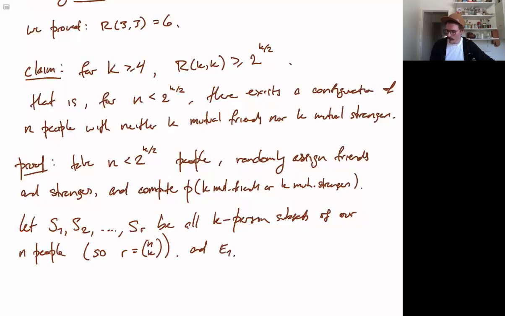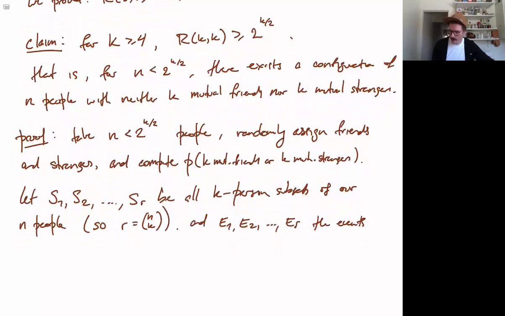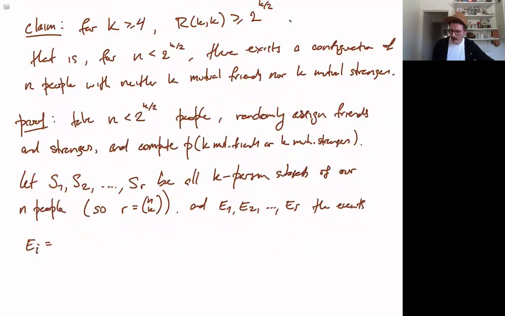And define E1 through ER, the events defined by, so Ei is the event that Si consists entirely of friends or entirely of strangers.